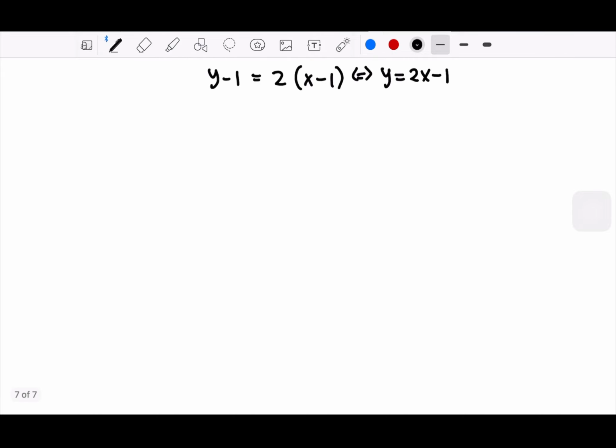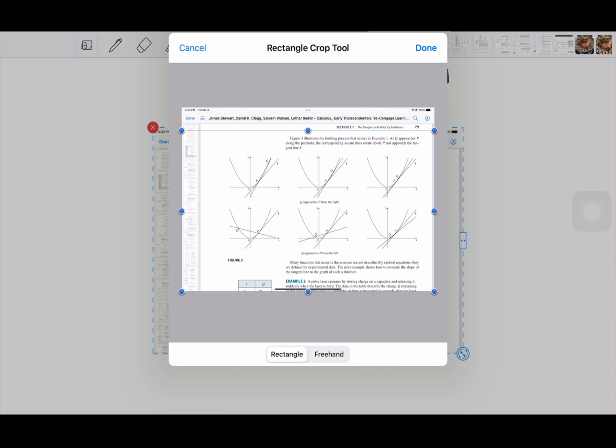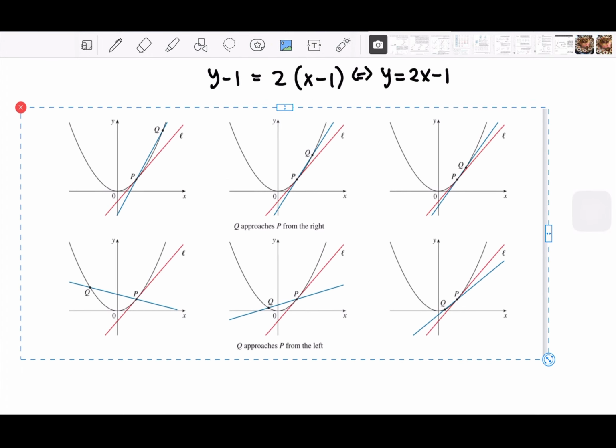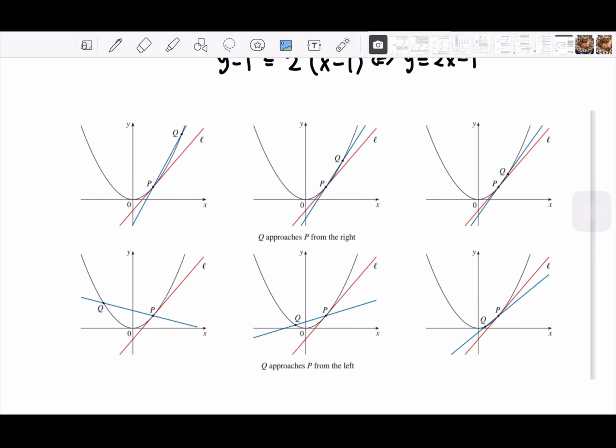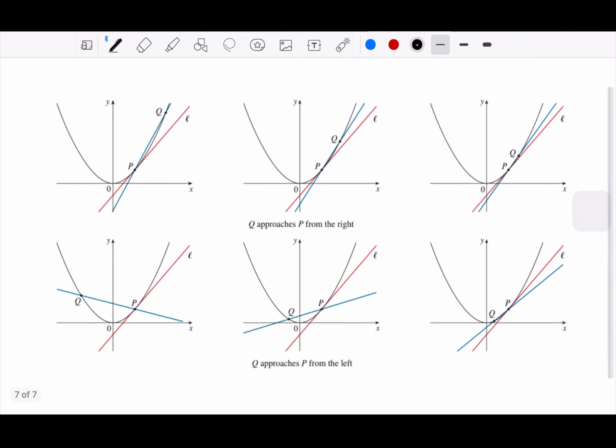Okay, to note that, let me check my graph. Okay, so we have two conditions, like I said before.